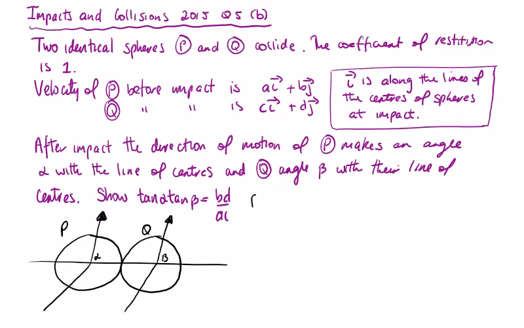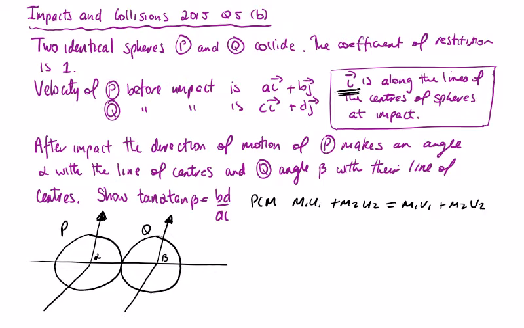So we start with our principle of conservation of momentum. M1U1 plus M2U2 is equal to M1V1 plus M2V2, and we know that when I is along the line, the I component is going to change and J is not. So let's fill that information in.